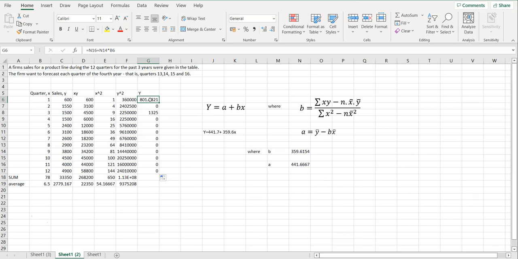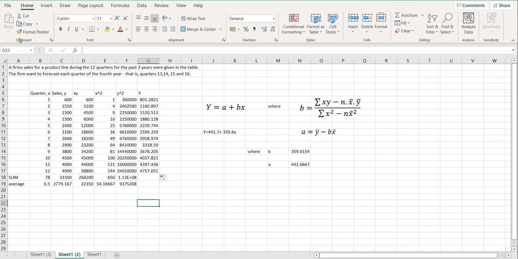Since I want the values of a and b to be constant, I need to put the dollar sign so that the column is maintained. That's how it works, and then we copy it again, and you will have these values given to you.